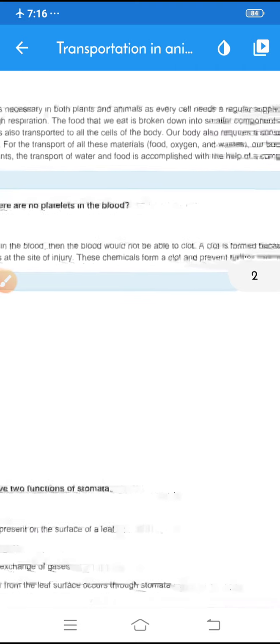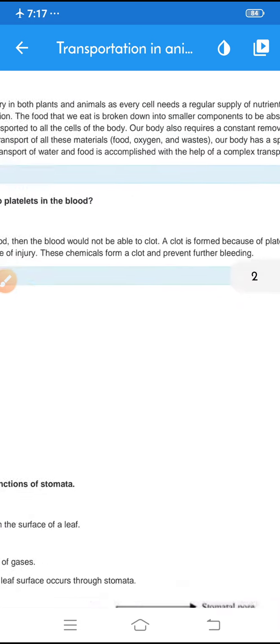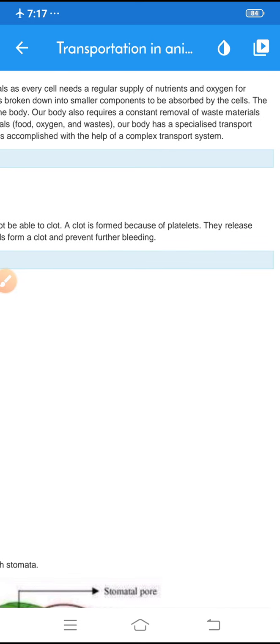The food that we eat is broken down into smaller components, smaller pieces, in the digestion process, so that it can be absorbed by the cells. Once the breakdown is completed, it is absorbed by the cells.